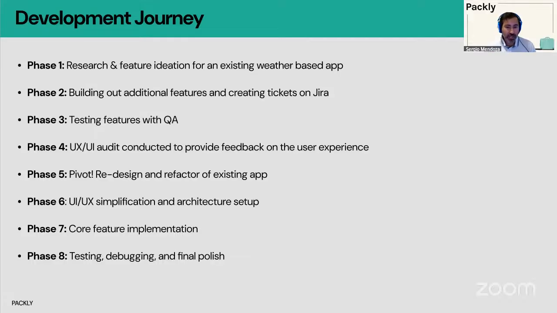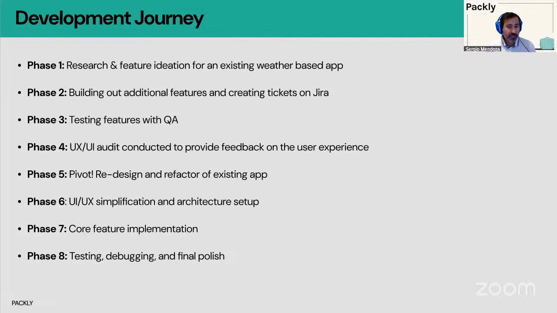Based on Emily's audit, we made a significant decision to pivot, redesign, and refactor the existing app completely to prioritize the user experience. Phase six was UX strategy and design simplification. We developed a clear information architecture, created wireframes, and simplified the overall UX UI for a more intuitive user journey.